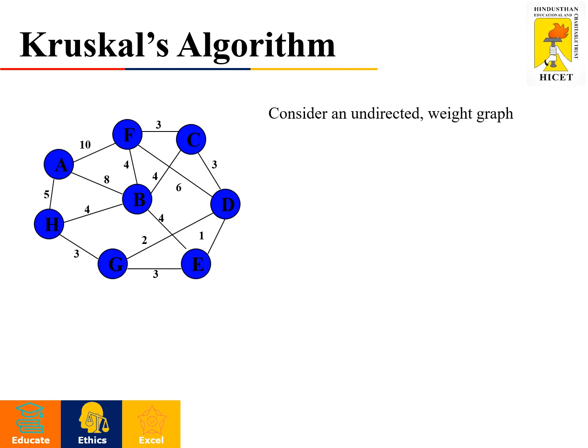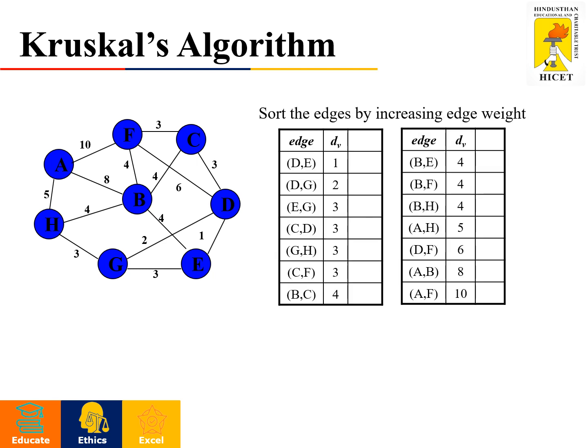It is a weighted graph. Next, we are going to find the minimum weight. We have to tabulate all the edges weight in the ascending order. See here, this is the edges.